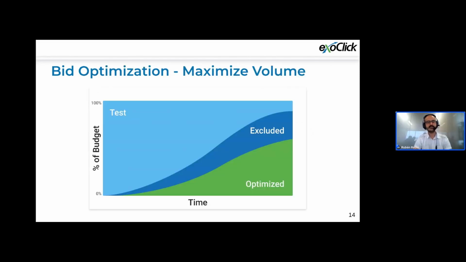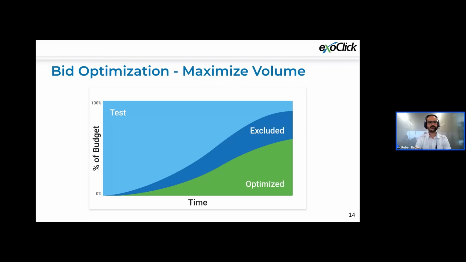Now, let's look in detail at the different types of bid optimization. With maximized volume, you can see that over time we're still giving a bigger percentage of budget to those test zones and those test segments, meaning that even if those segments haven't reached enough conversions to determine the likelihood of conversion, we're still spending money on them to try and give some opportunity to the system to see what's the real likelihood of conversion, what's the real profitability of those segments.